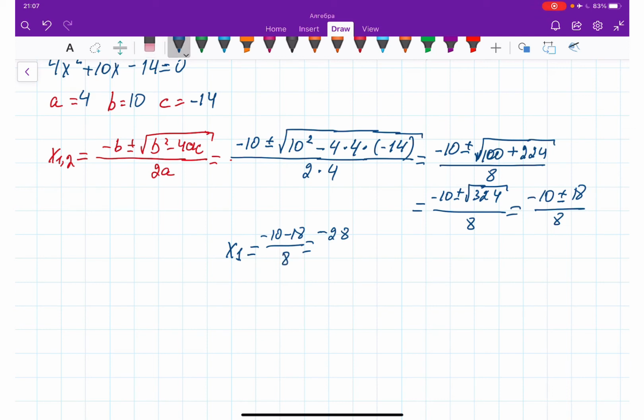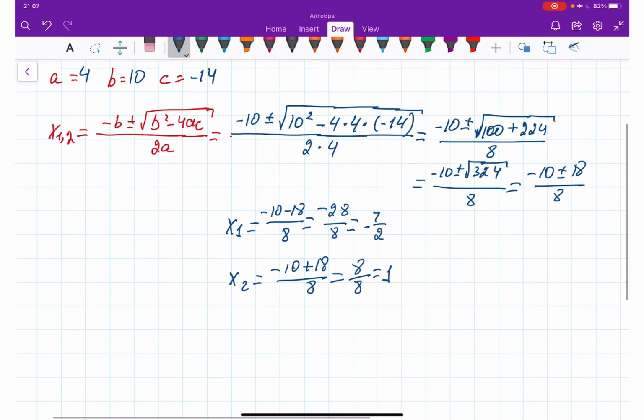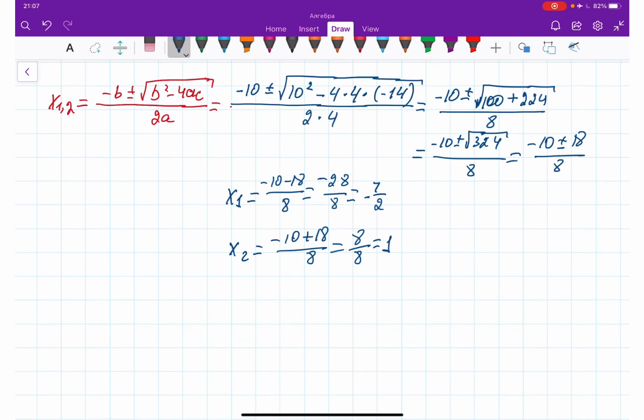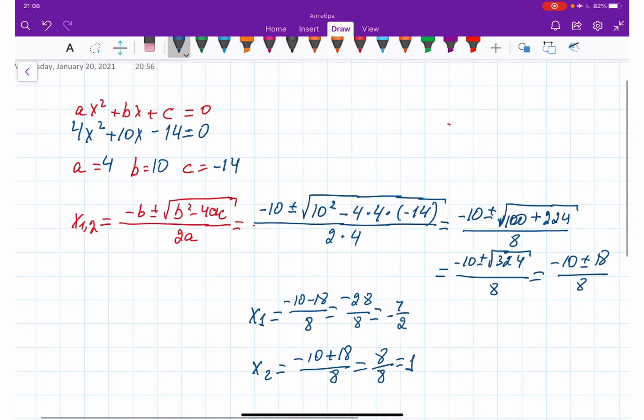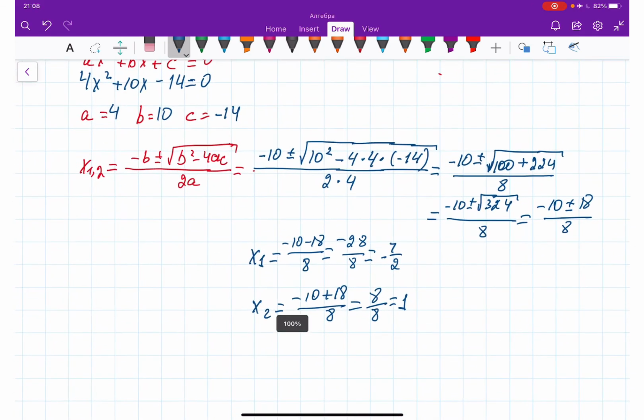Sorry, over 8. So it's going to be negative 7 over 2, right? If we reduce by 4. And x2 is equal negative 10 plus 18 over 8 is equal 8 over 8 is equal 1. So we have the two x-intercepts from here. Okay, and so this is first step.